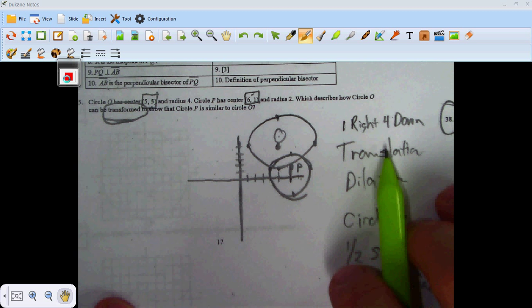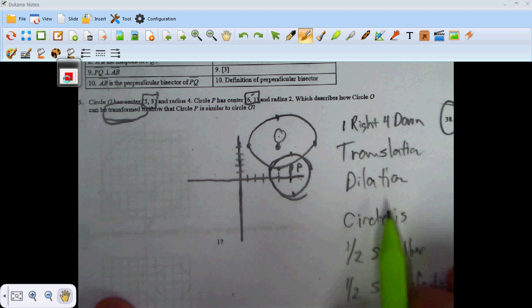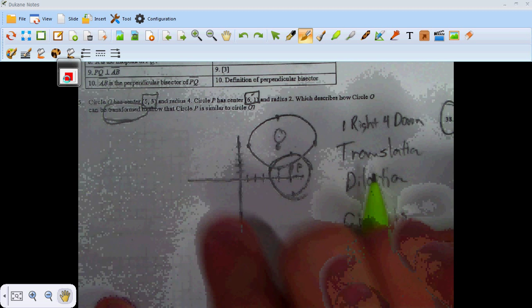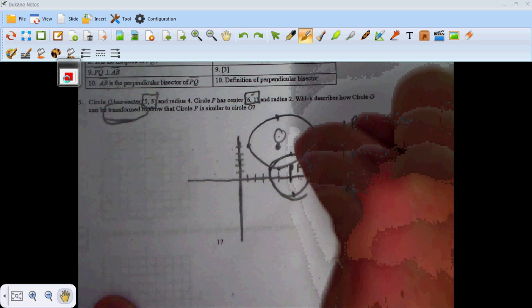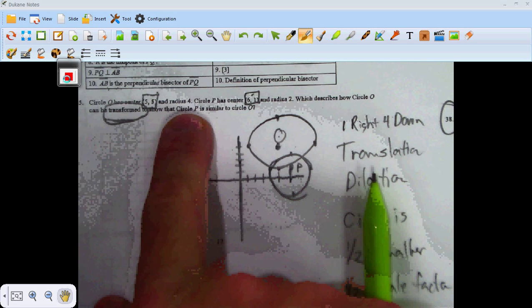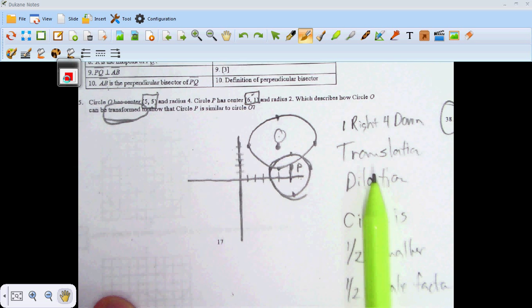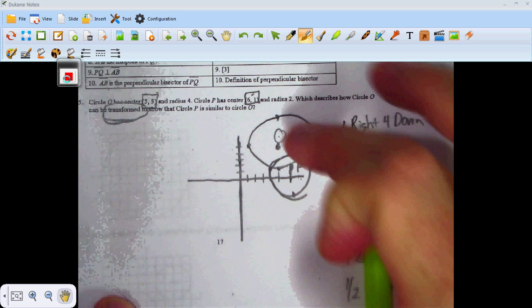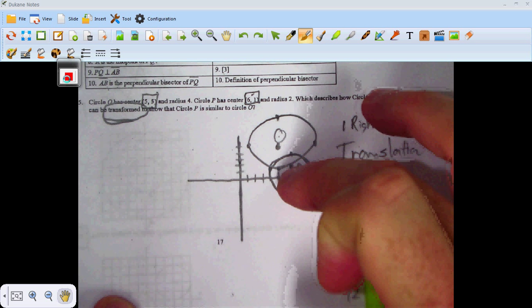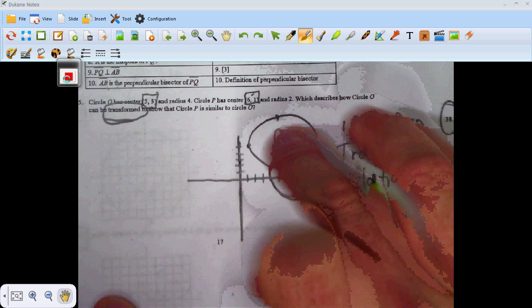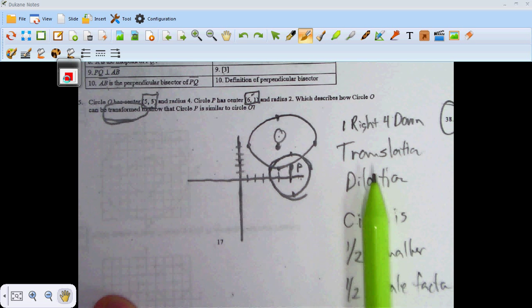So that's the translation. The dilation, again, look at the radii. The radius of the larger one is 4. The radius of the smaller one is 2. So how much smaller is circle P, which 2/4 reduces to what? 1/2.